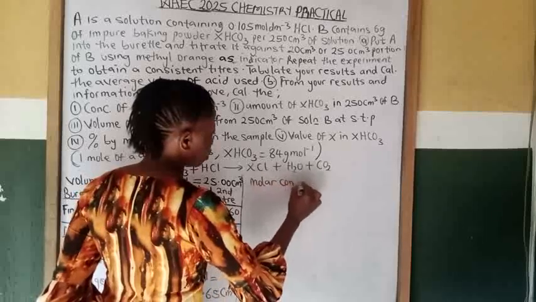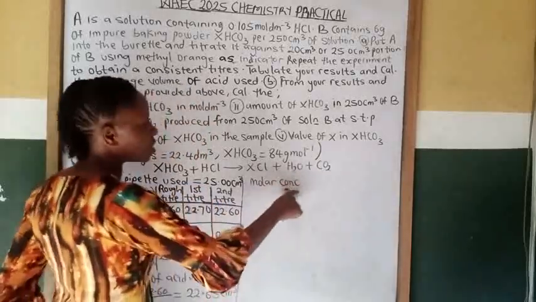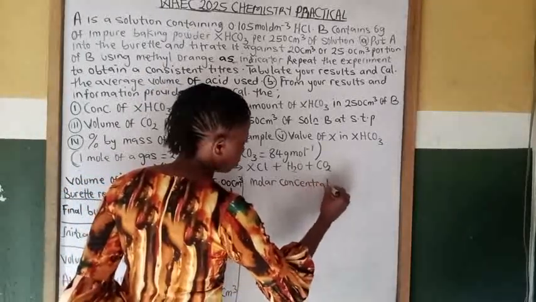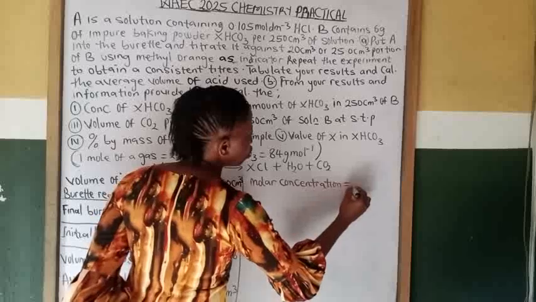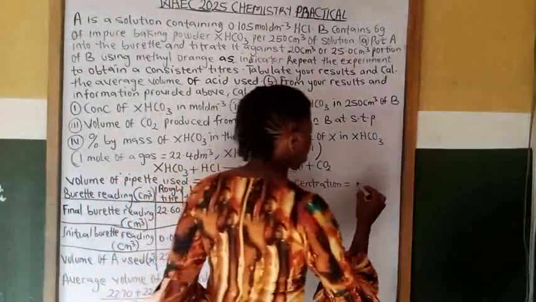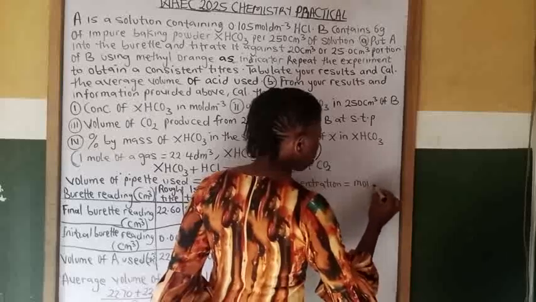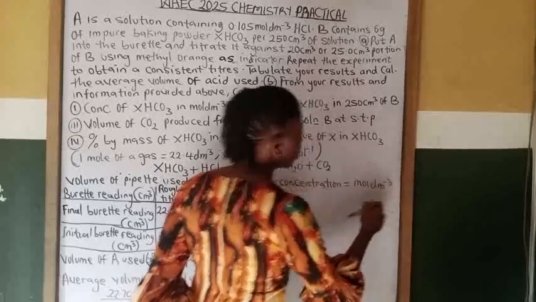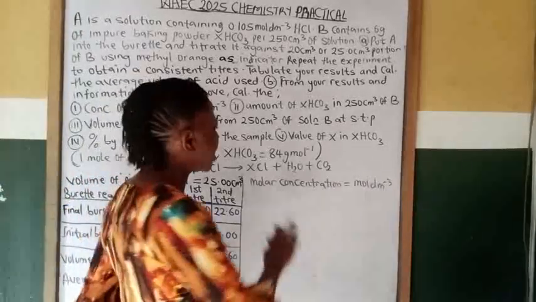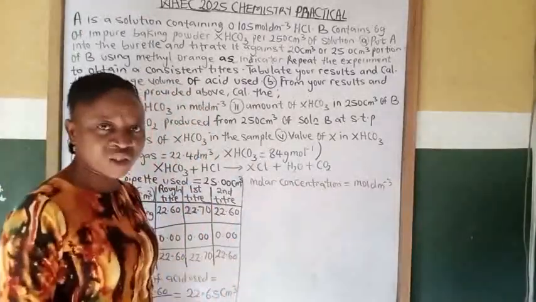Molar concentration. Please don't write conc, write it fully. Molar concentration is always in mole per dm cube. That is the unit. So when you see a value in mole per dm cube, they are talking about the molar concentration.